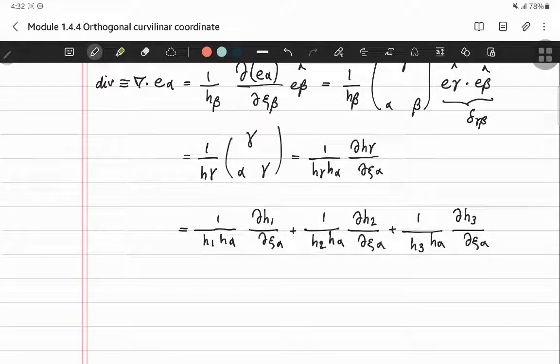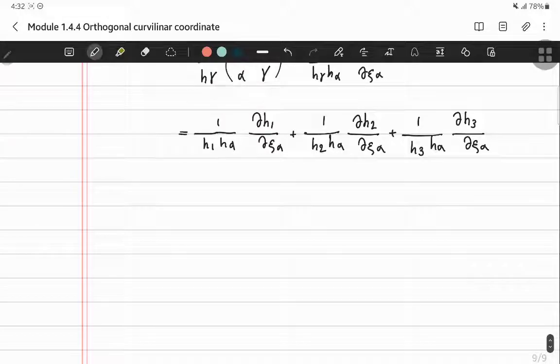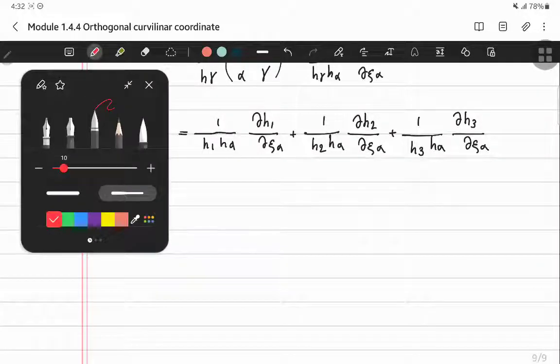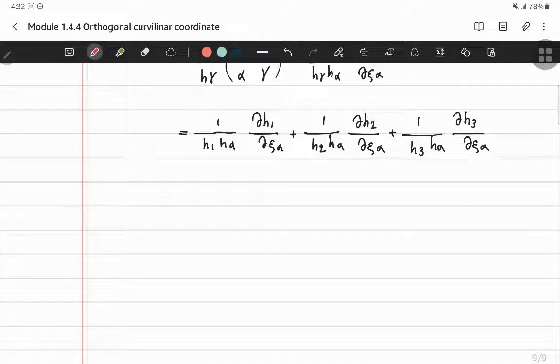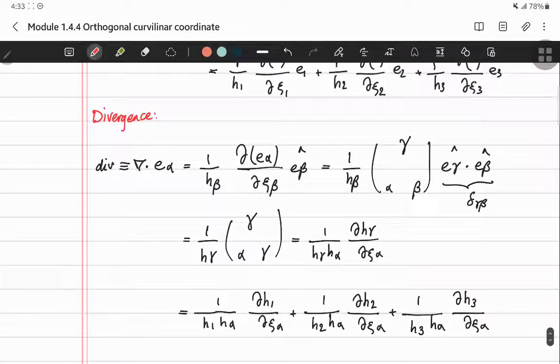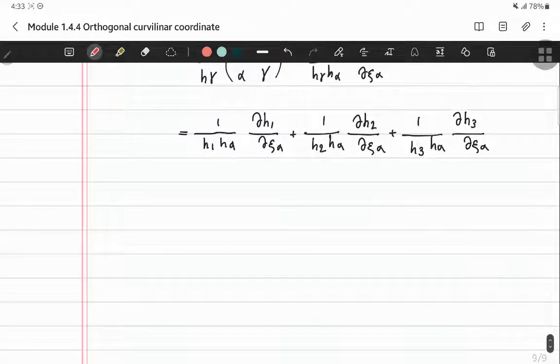So, as a last example, we're going to do this for the cylindrical coordinate system, so divergence.